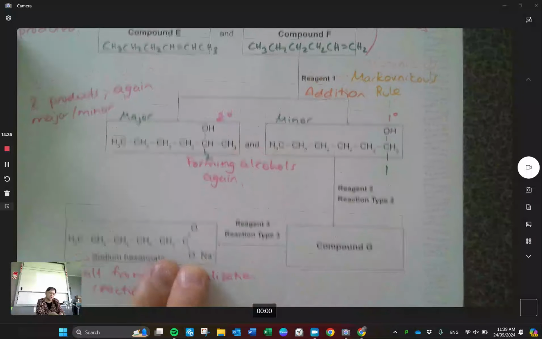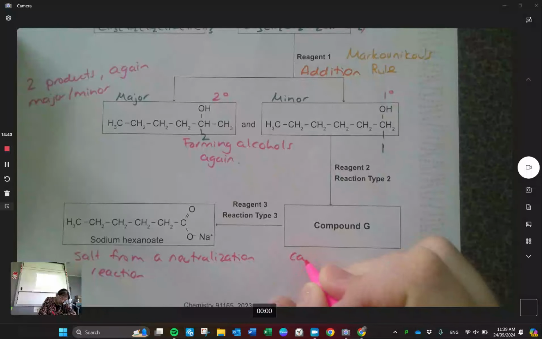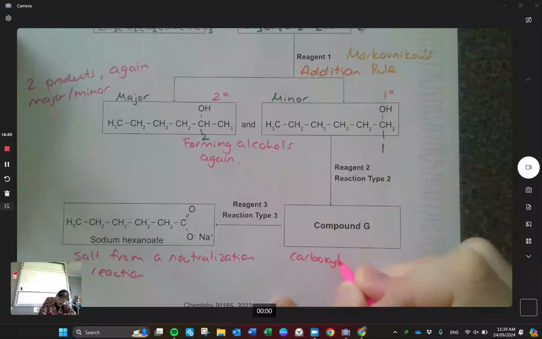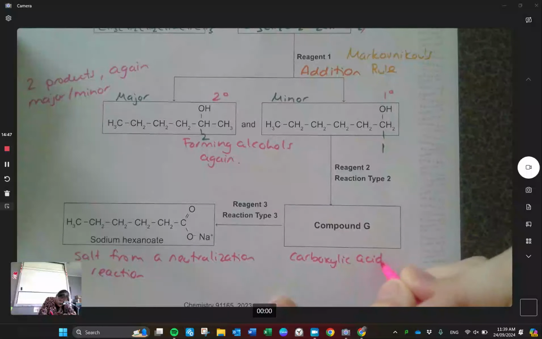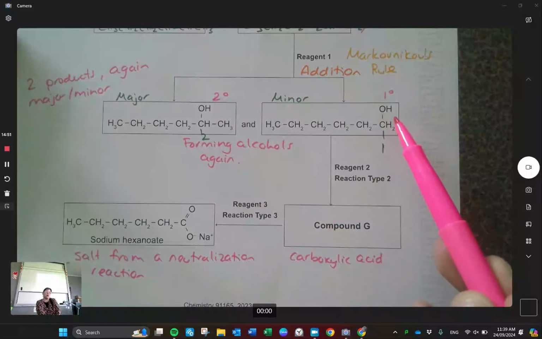In this case, we're thinking about a carboxylic acid. So compound G must be a carboxylic acid.